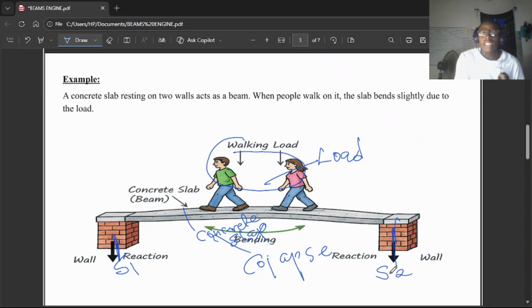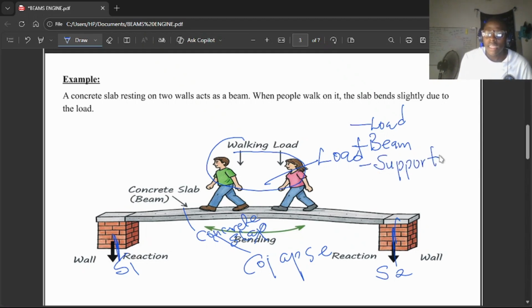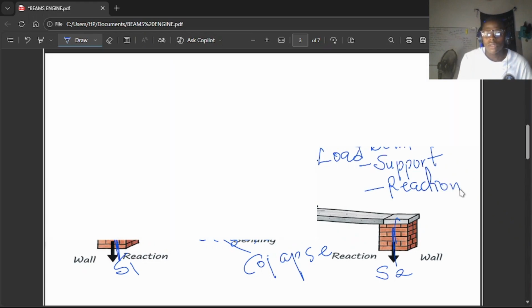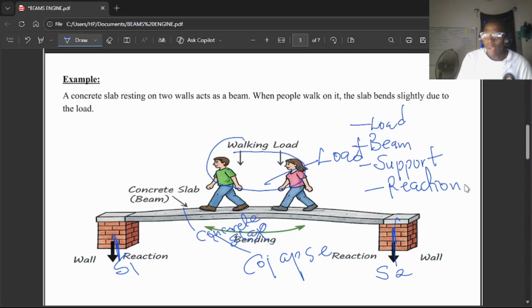Am I communicating? So in essence, we've already known what a load is. We've already recognized what a beam is. We've also recognized what our support is, and we also recognize what our reaction is.